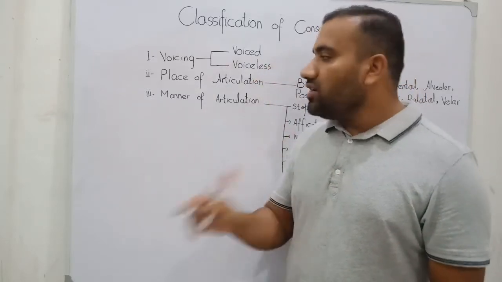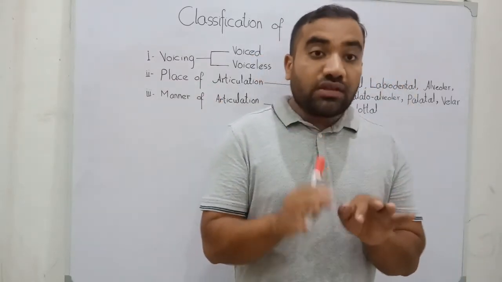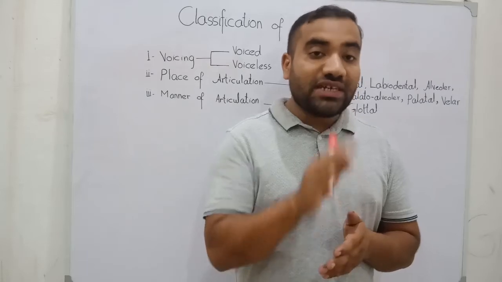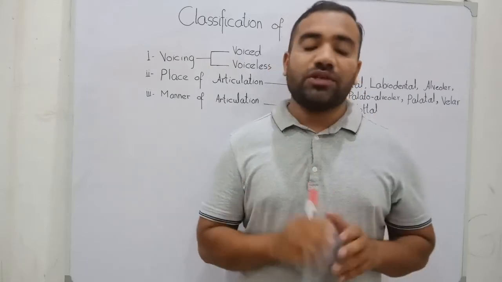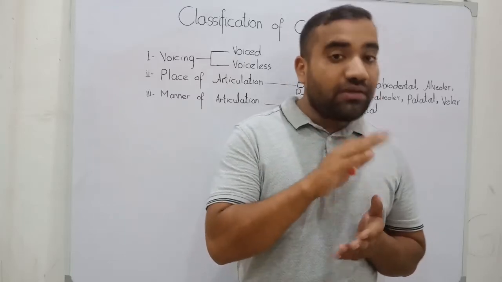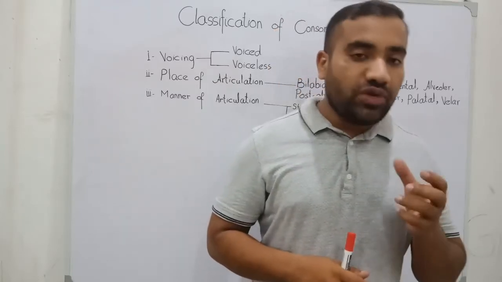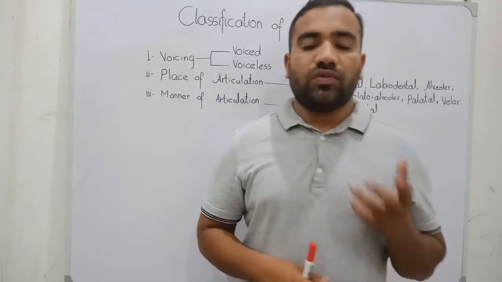The second is place of articulation. It means the place where the active articulator touches, the end position of the active articulator. We have many positions in the place of articulation.